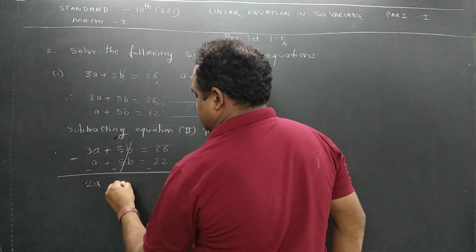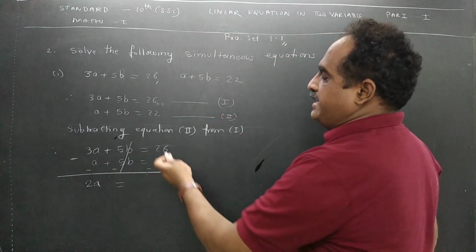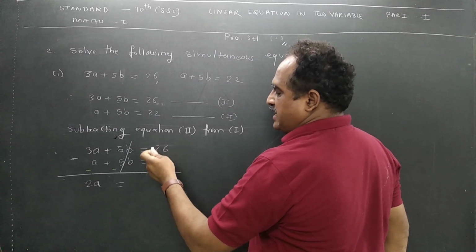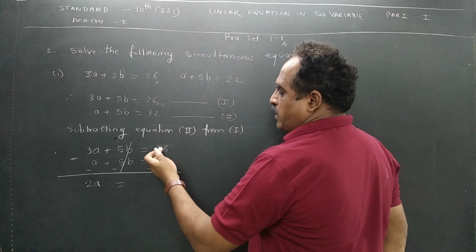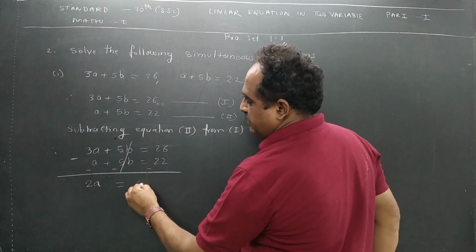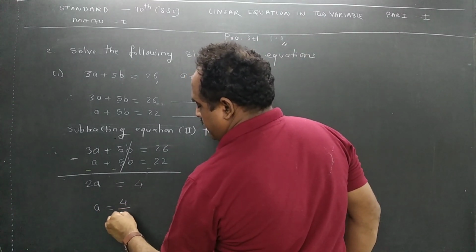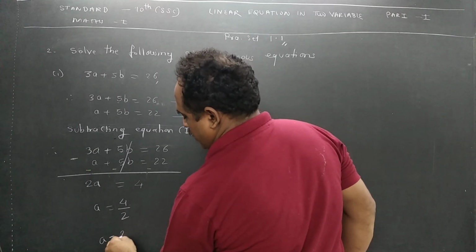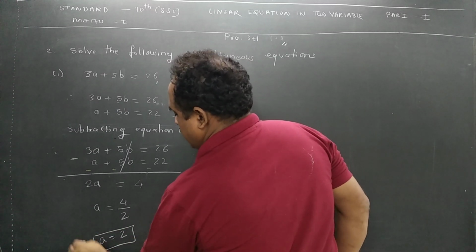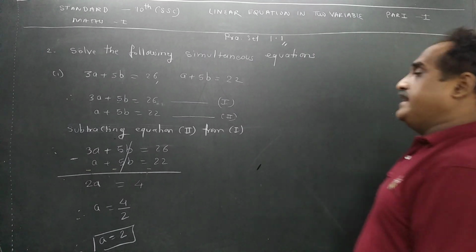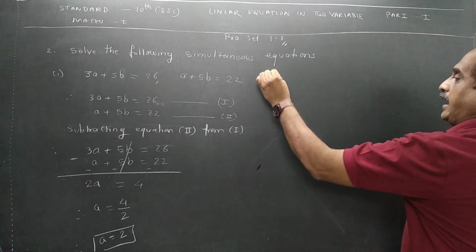The 5b will get cancelled. It is equal to, again here, plus and minus, plus minus minus, so 26 minus 22 is nothing but 4. So what did you get? a is equal to 2. You got the first answer, that is the value of a.